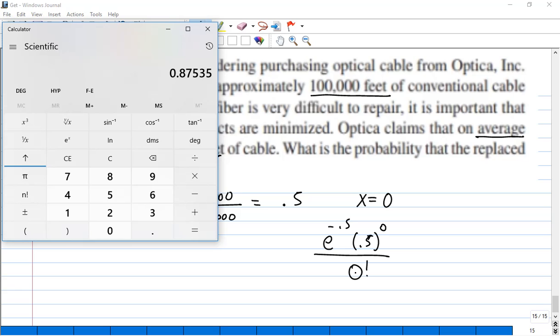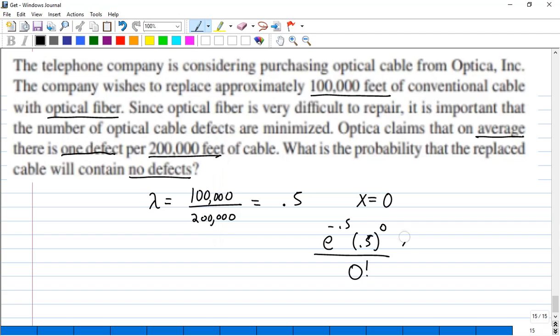That's 1, that's 1, so that's e to the negative 0.5 power. Round this to 5 places, 0.60653. So it's about a 60.6% chance, about a 60% chance that there will be no defects in the cable once it's put down. All right.